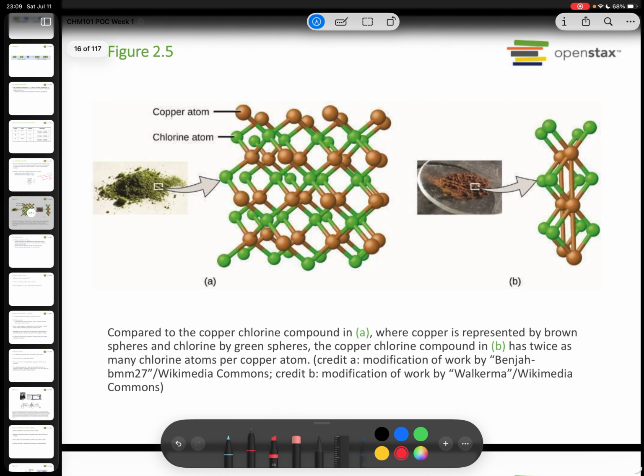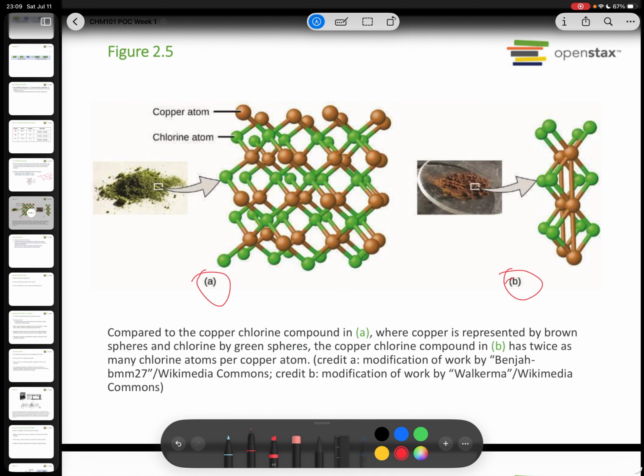Okay. So ito siya. So these figures give the particle explanation for the law of multiple proportions. So in one compound, there is 1 copper for every 1 chlorine atom. So ito yung figure A. So in the other compound, there is 1 copper for every 2 chlorine atoms.